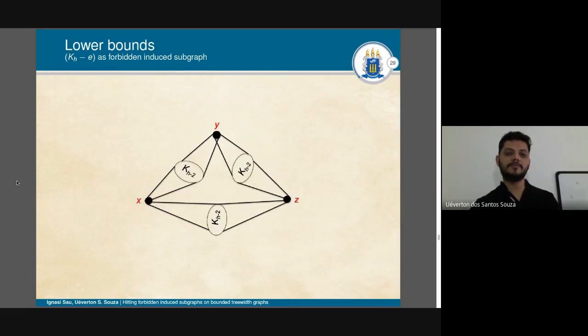And we apply the same for the clauses, where we create a gadget with 3 important vertices, and each one of these vertices represents a literal of the clause.